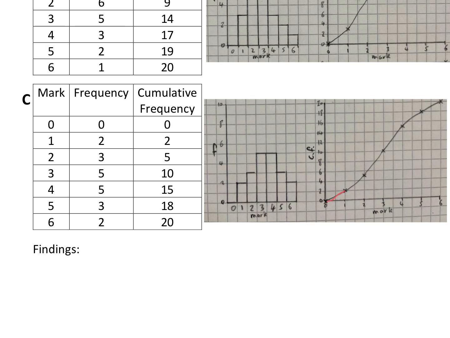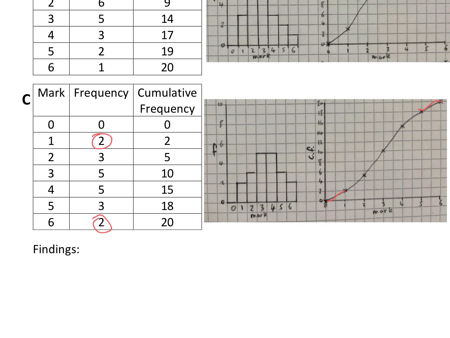And why is that? Well, that is because there aren't many people getting 1 mark or getting 6 marks. So if you look at it here, the frequency is quite small there. So if a frequency is small, the cumulative frequency isn't rising by much, it's only rising by 2, whereas in the other marks, you're rising by 3 or by 5 or by 5 or by 3.